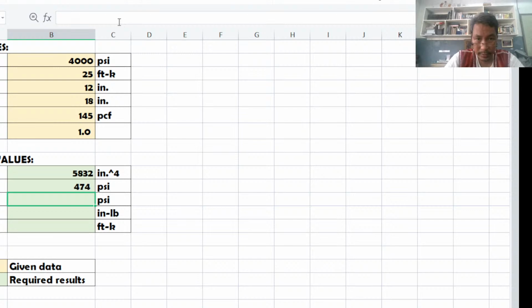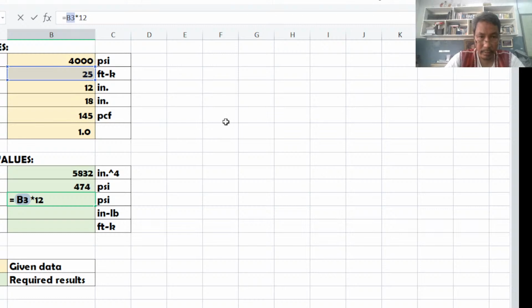So equal sign. So My. Okay. So multiply the conversion factor. How much is the conversion factor? Times 12, because this is in feet, so we have to make it in inches.